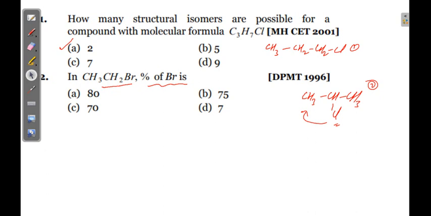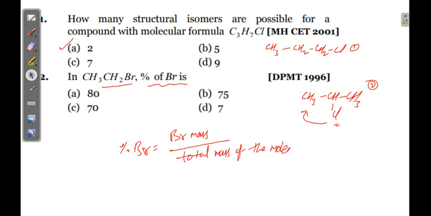Percentage of bromine equals bromine mass upon total mass of the molecule into 100. How do you calculate your marks percentage, your scoring marks by total marks into 100? Similar here.